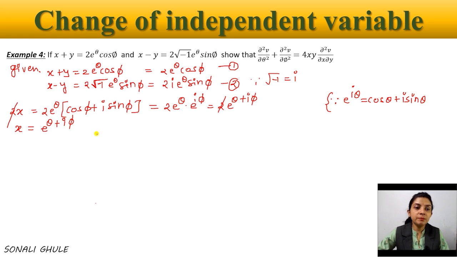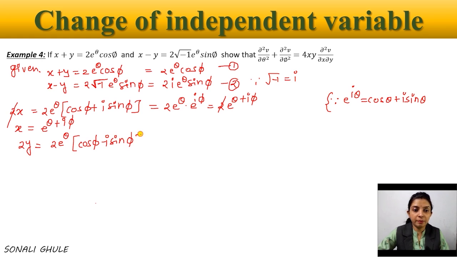Right? Now similarly I have to find a value for y. So this time I am going to subtract the equations. Subtracting the equations, I will get 2y is equal to, again 2 e to the power θ common, and this time there will be subtraction.